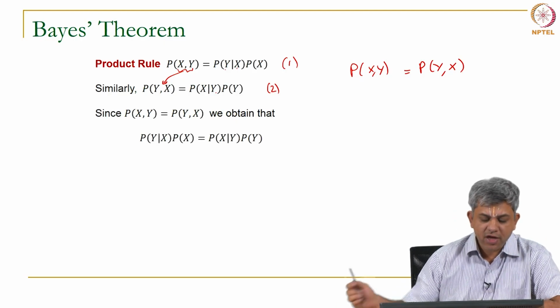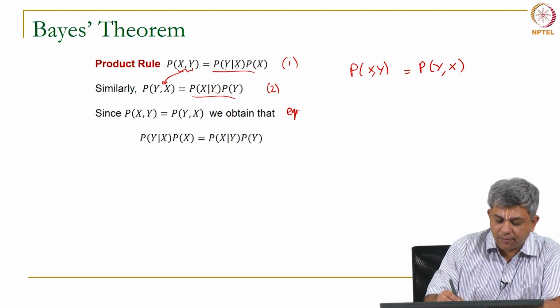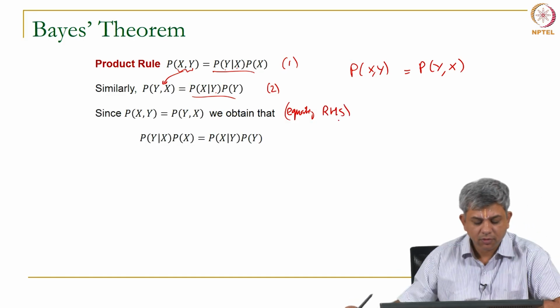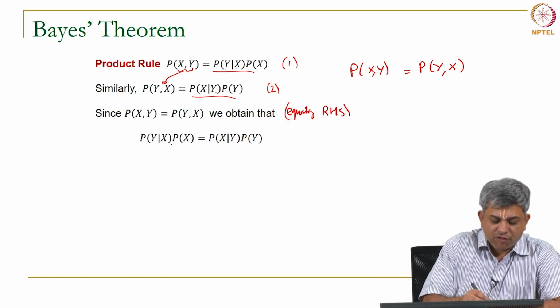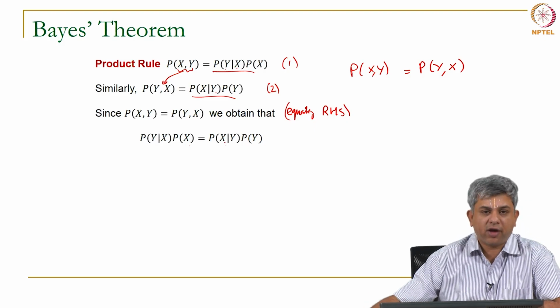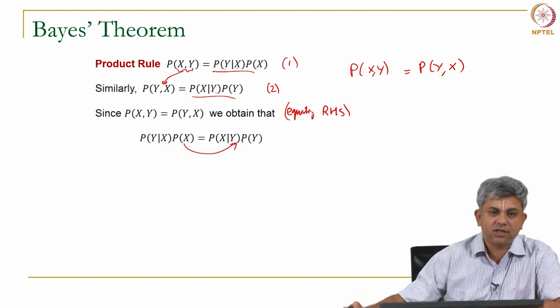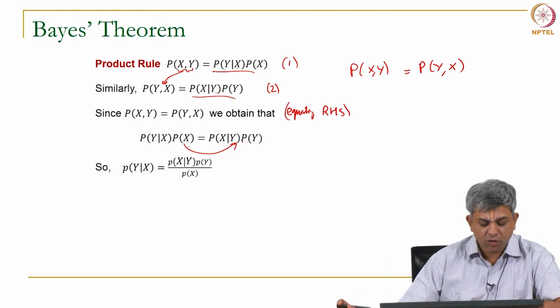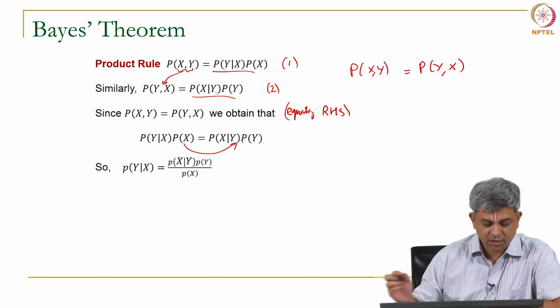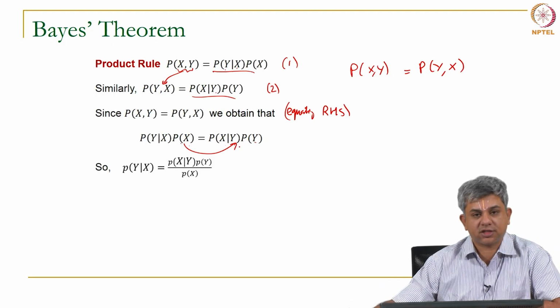So, now if we equate the right hand side, you get p of y given x multiplying p x is p of x given y multiplying p y, and then if you just take this here to the right hand side, you get p of y given x is p of x given y, p y divided by p of x.